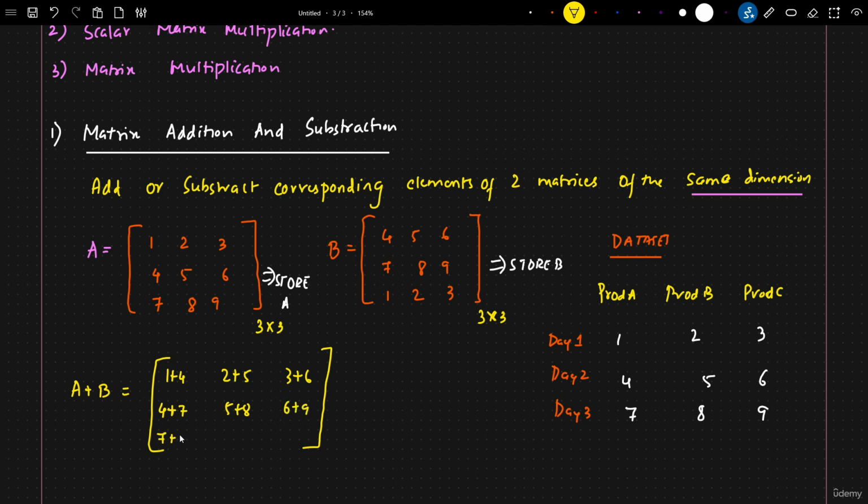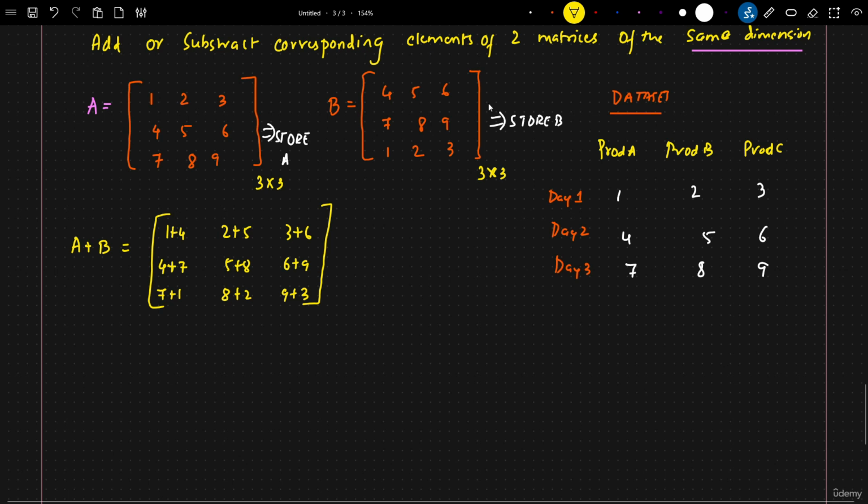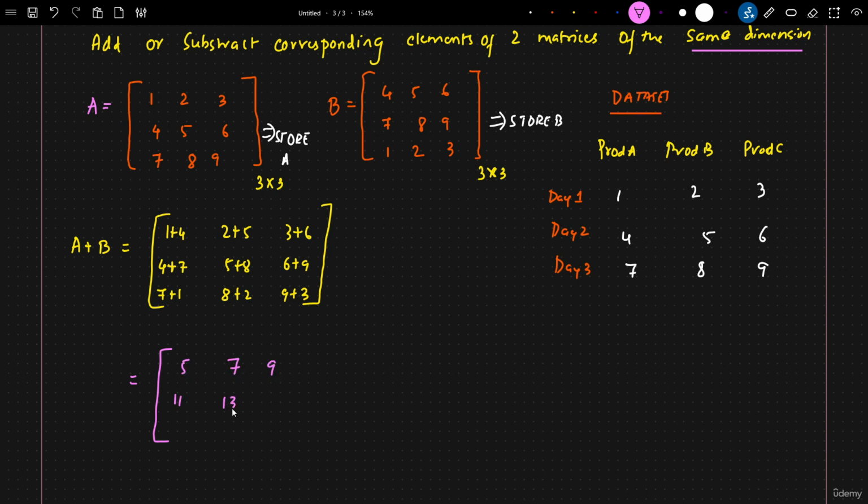Similarly, here you have 7 plus 1, then 8 plus 2, then 9 plus 3. Okay. If you go ahead and calculate the answer, it is 5, 7, 9, 11, 13, 15, 8, 10, 12, right? So this is my final result.